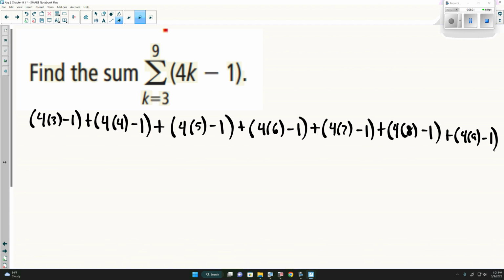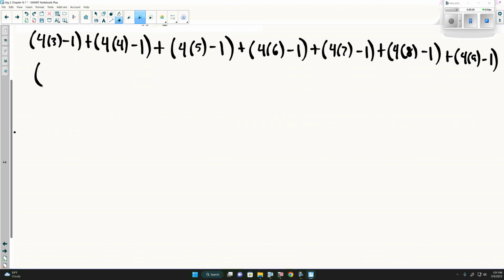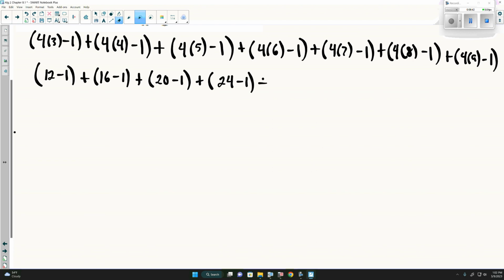Now at this point, we could plug this all into the calculator and let it do it for us. Or if we work this out here, 4 times 3 is 12 minus 1. 4 times 4 is 16. We have 16 minus 1. 4 times 5 is 20 minus 1. 6 times 4 is 24. And we have our minus 1. 7 times 4 is our 28. 4 times 8 is 32.